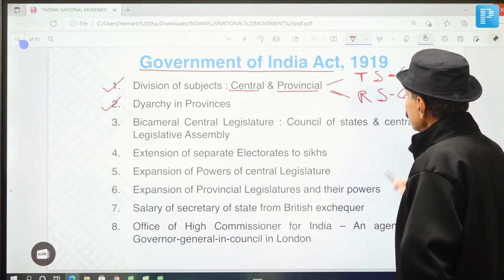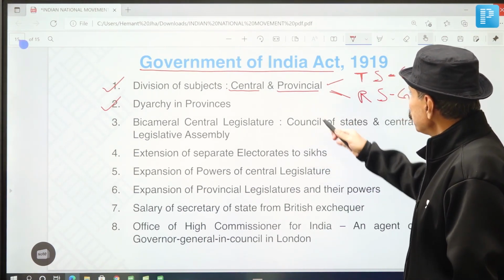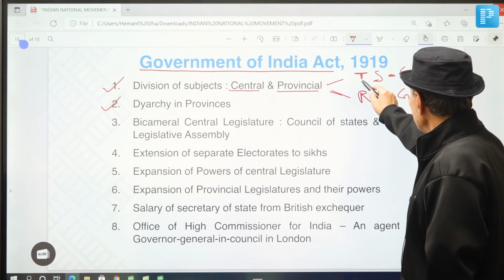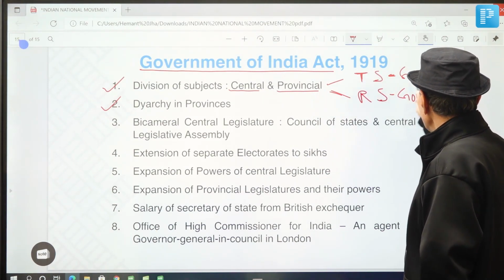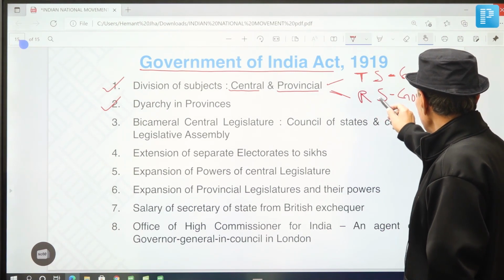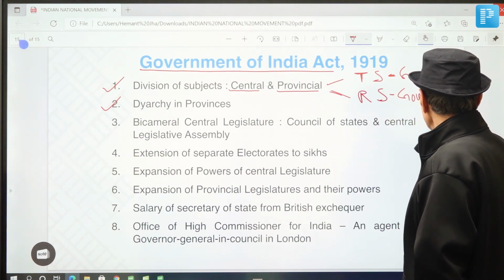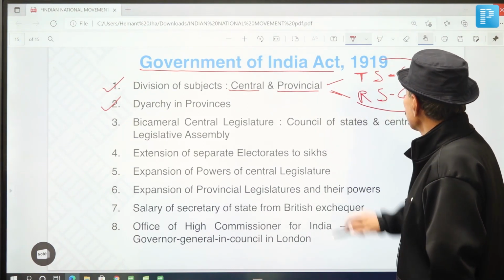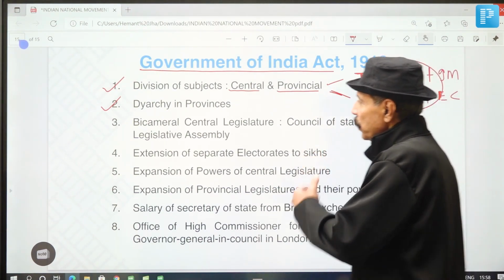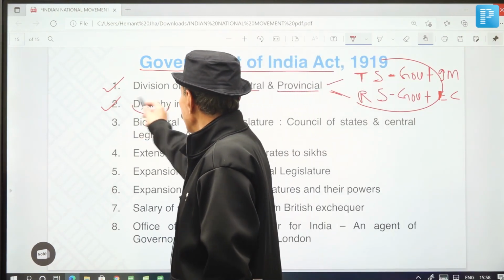So there began a government on 2 lines in the provinces. One line, transferred subject under governor and Indian ministers, and second line, reserved subject under governor and his executive council. So this represents a dual government, that means a diarchy.